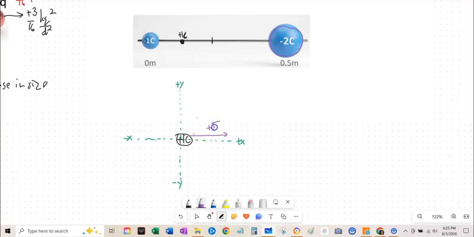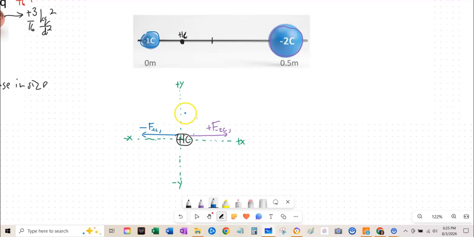So it's positive, and we've got a -2 Coulomb charge, and it's some distance away. Not going to worry about that just yet. This is a blue -1 Coulomb charge. It's going to be pulling it to the left, and it's got to pull it with the same amount of force, just in the opposite direction. Remember, we're placing it on this number line so that these two forces are equal. That way, when we let it go, there will be no acceleration on this object.